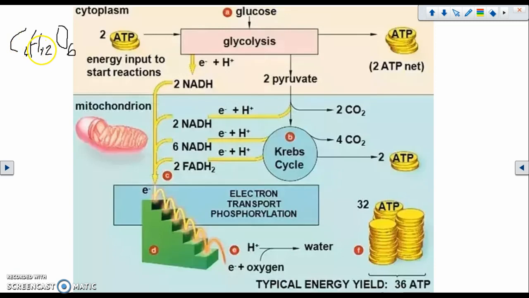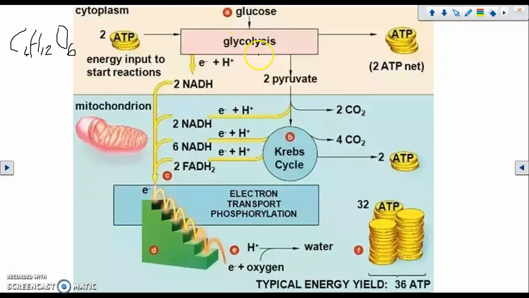So it has 6 carbons, 12 hydrogens, and 6 oxygens. Folks, the most important element here is hydrogen. Okay? So as glucose enters this pathway, and FYI, this pink area is in the cytoplasm. This is anaerobic, meaning it does not require oxygen.